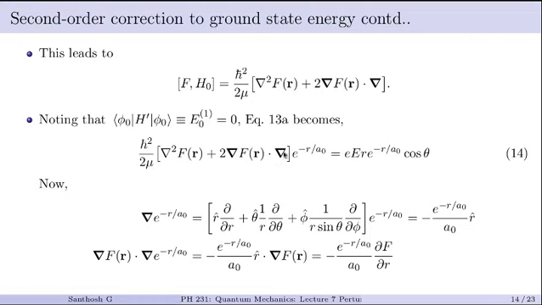Now we have to compute its gradient. So the gradient is in general given by this expression in spherical polar coordinates, and since this is a function only of the radial coordinate r, the derivatives with respect to theta and phi become 0, and you will end up with the action of this term on e to the power minus r by a0, which is equal to this, which is in fact along the radial direction.